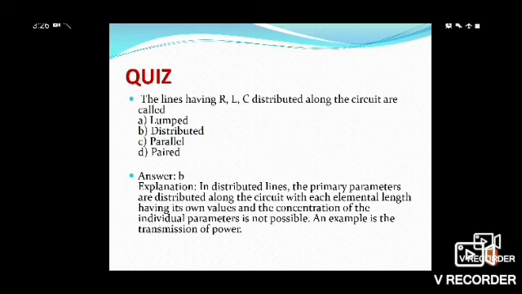That is why the answer is distributed. The lines having the RLC distributed along the circuit are called distributed lines, so the second option is the correct answer.